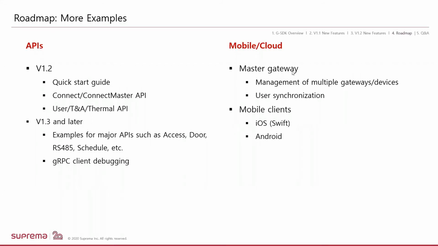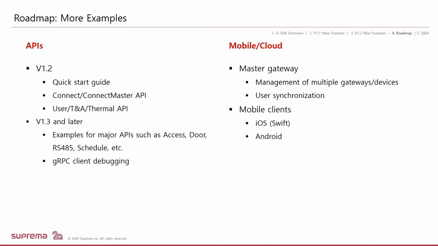Another example we are considering now is an example for master gateway. As I described, master gateway is a very powerful feature, but it might not be so easy to develop your application, especially for the first time. So we are planning to write an example application which will show you how to manage multiple gateways and multiple devices in a cloud environment.